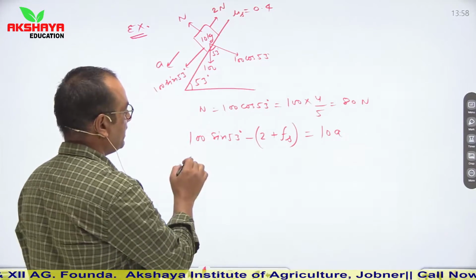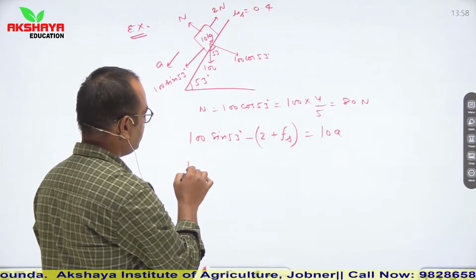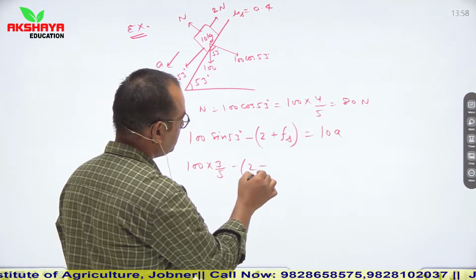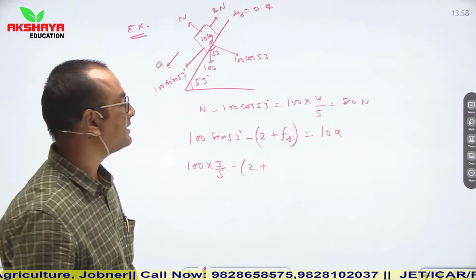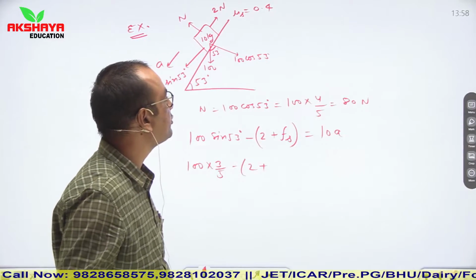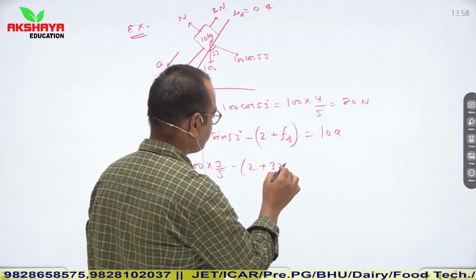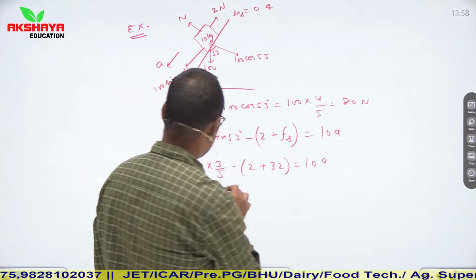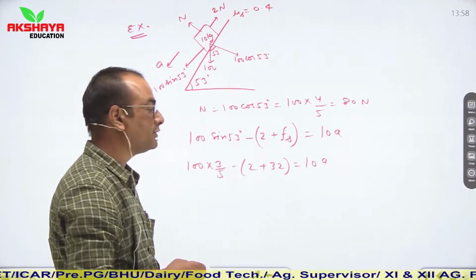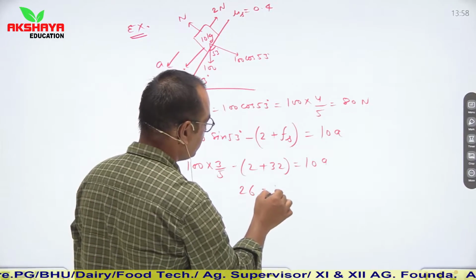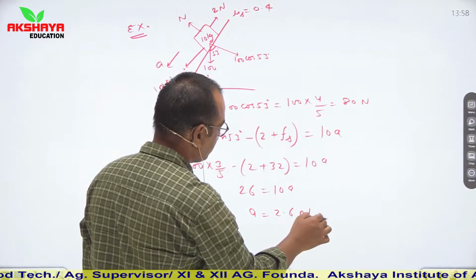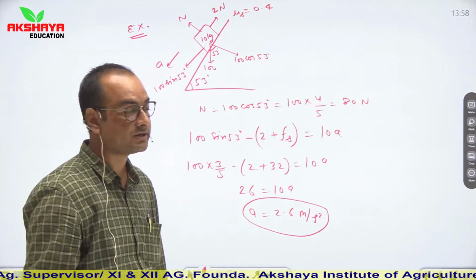So now see, 100 sin 53 is 3 by 5, minus 2 plus Fs is equal to mu s N. So value of mu s is 0.4 and N is 80. So 80 into 0.4, 32 is equal to 10A. So see here, this value becomes 60. 60 minus 34 is 26. So 26 is equal to 10A. So acceleration is 2.6 meter per second square. So this is the value of acceleration in this question.